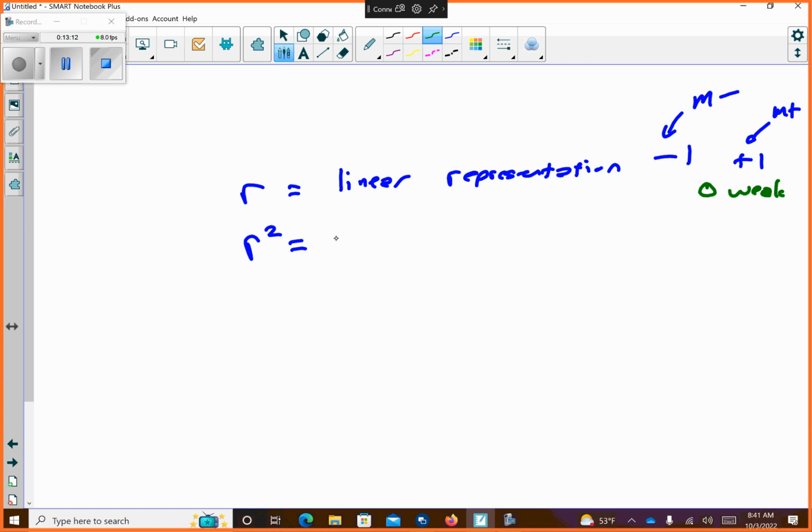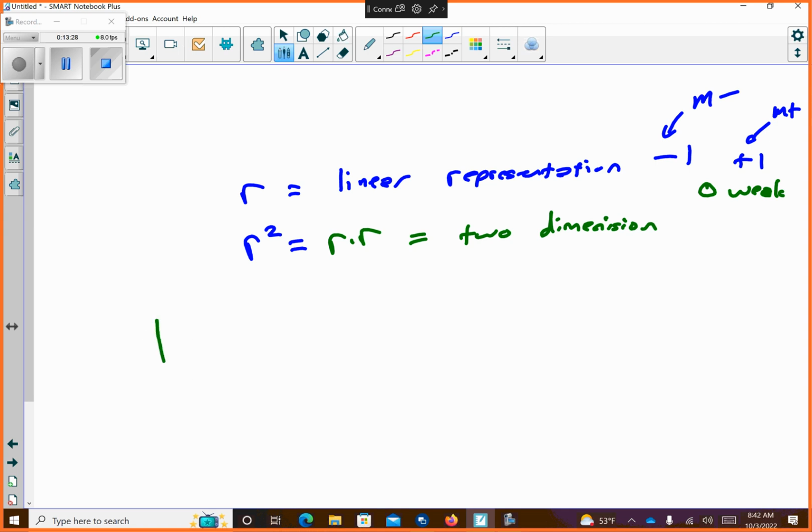R squared is literally R times R, going with your algebra. R squared is a two-dimensional representation. Okay, what that means is this.